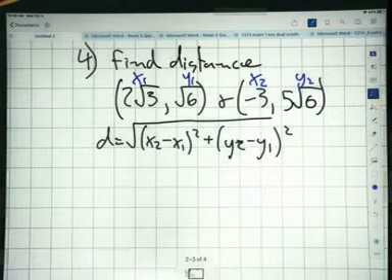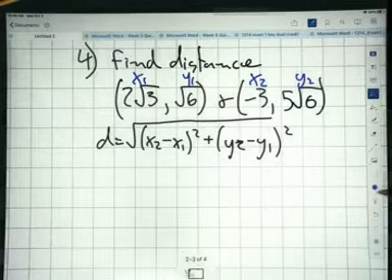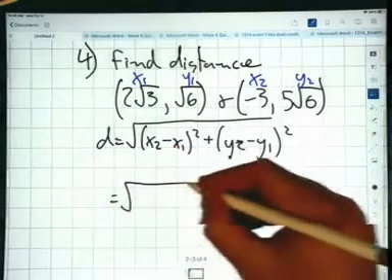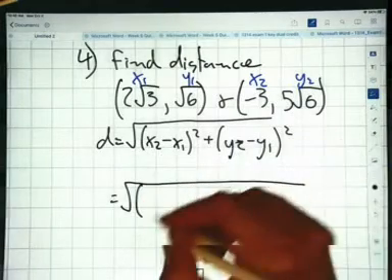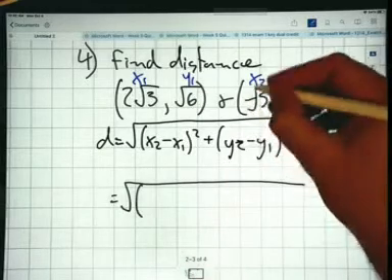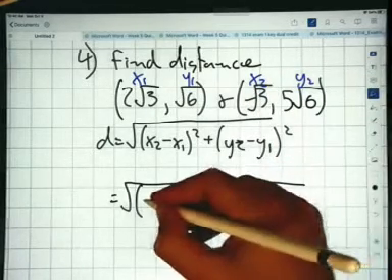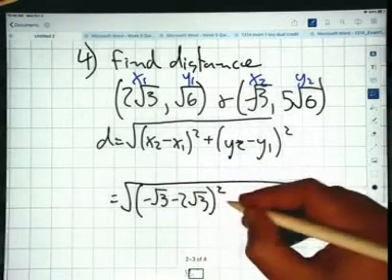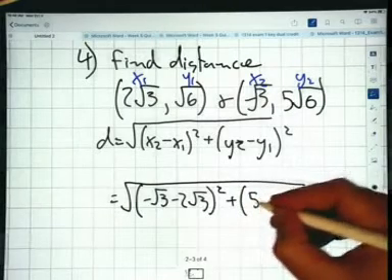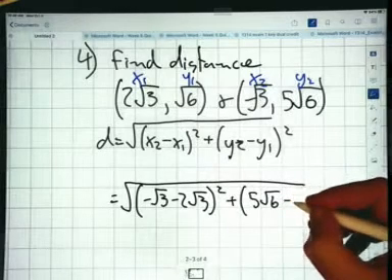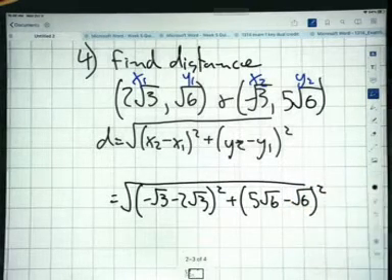And again, much like problem number 3, things are going to work out nicely for us because we're going to be combining like terms together. Let's see, I miswrote this as a negative root 3. Alright, there we go. Negative root 3 minus 2 root 3, quantity squared, plus 5 root 6 minus root 6, quantity squared.